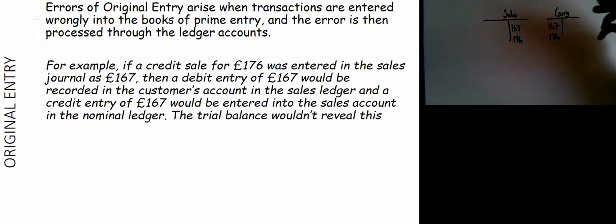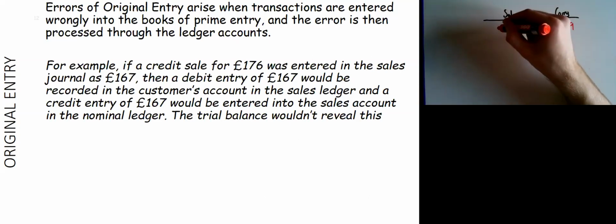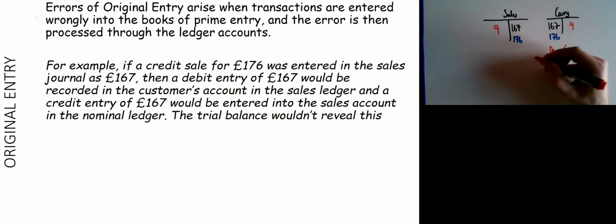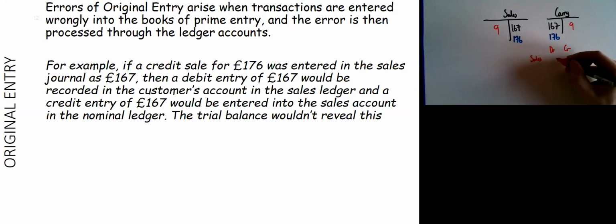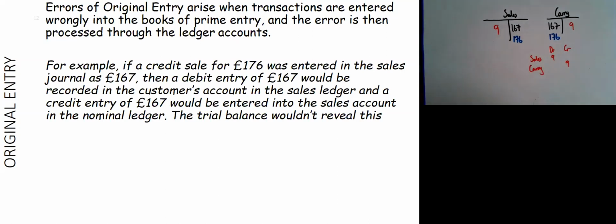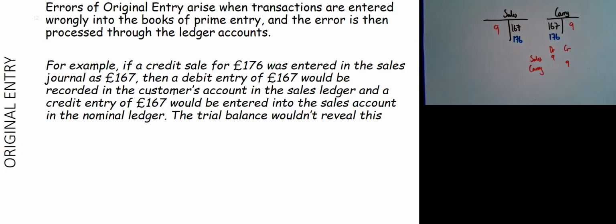So to fix it, this account needs £9 more in it, and this account also needs £9 more in it. So my debit is sales for 9, and my credit is Carrie for 9 as well. You can always spot these ones, because these numbers are always a multiple of 9. If you're a mathematician, you might want to think why.